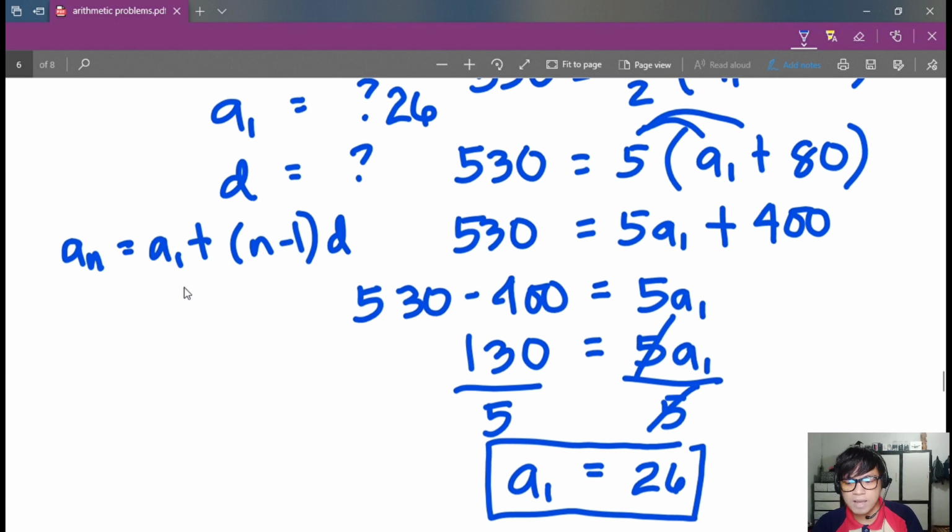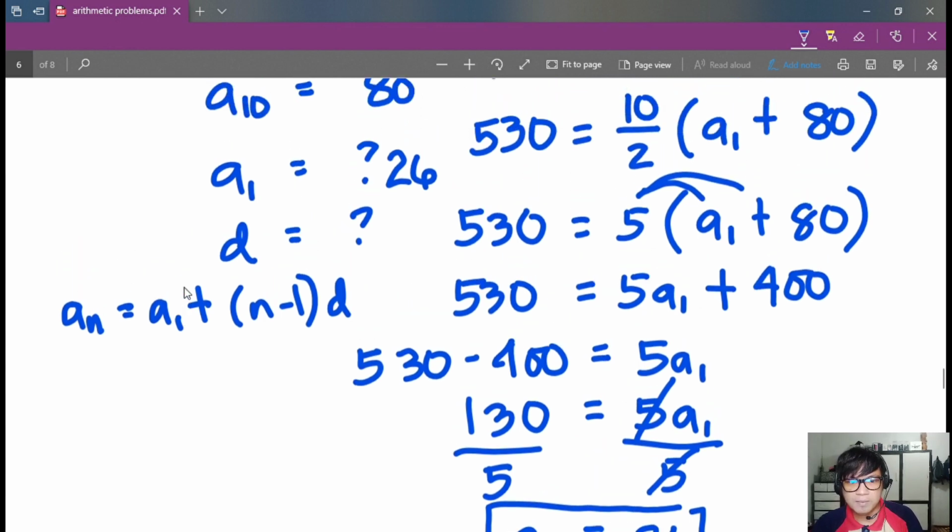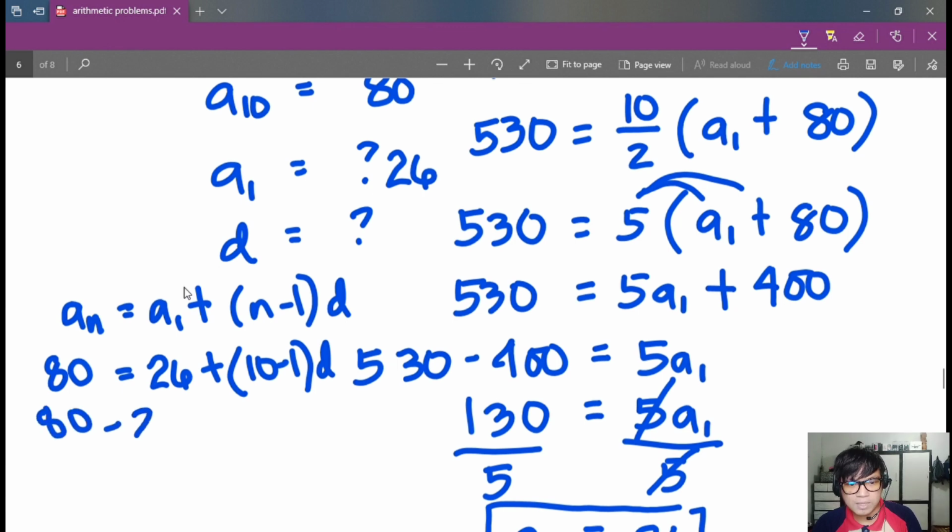So, ang last term natin sa problem is 80 is equal to, first term is 26 plus, how many terms? 10 terms minus 1 times the common difference. So, 80 minus 26 is equal to 10 minus 1 is 9 times d.